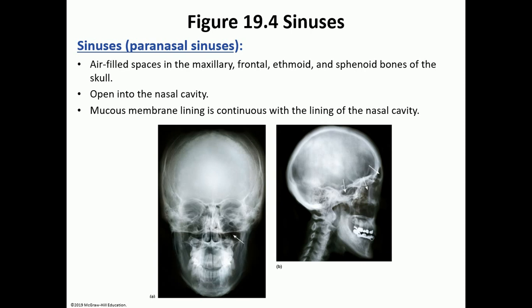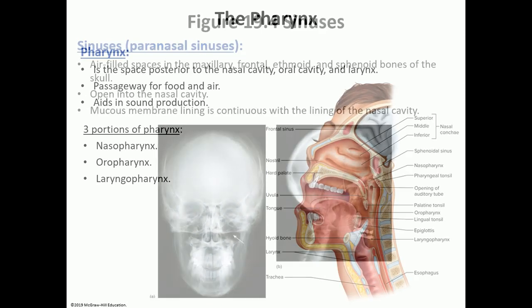Like I said, all of them are lined with mucous membrane. The sinus cavities are full of air. They should not be full of liquid. If they are, could be due to allergy or inflammation. And all of them drain their mucus and drain any discharge in them into the nasal cavity.